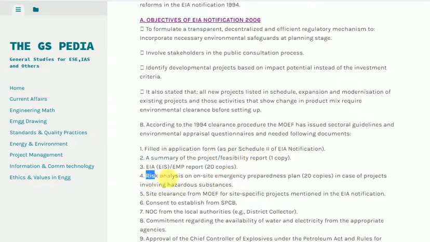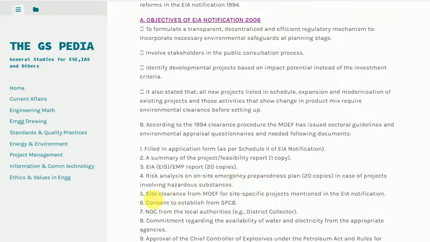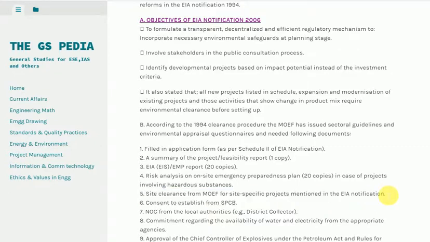5. Site clearance from MEF for site-specific projects mentioned in the ESE notification. 6. Consent to establish from SPCB. 7. NOC from the local authorities, for example, district collector. 8.